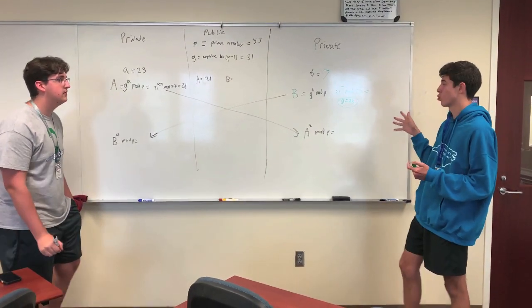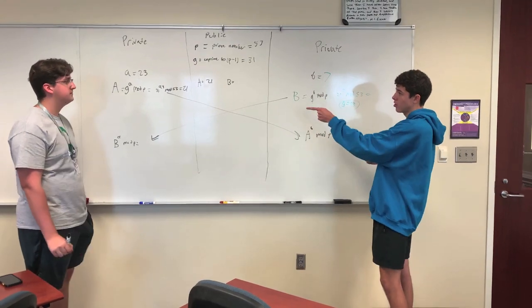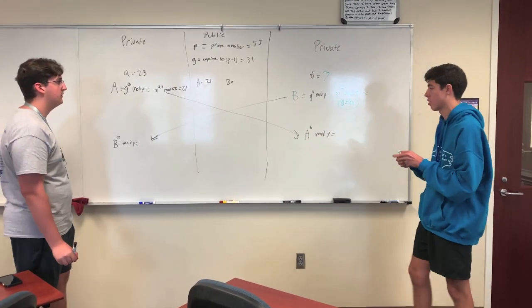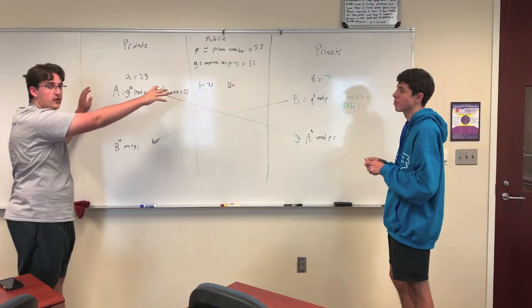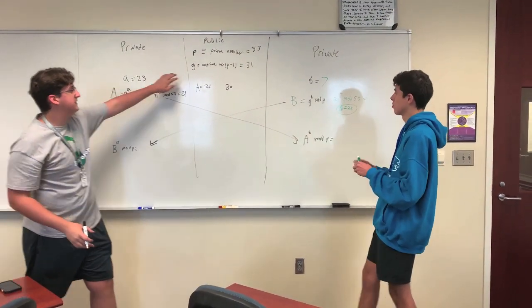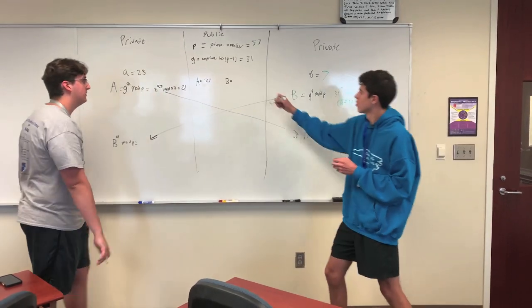And now we're going to switch our numbers. So I'm going to get his 21 and he's going to get my 33. And these parts of our equations stay private, while these numbers will be public.